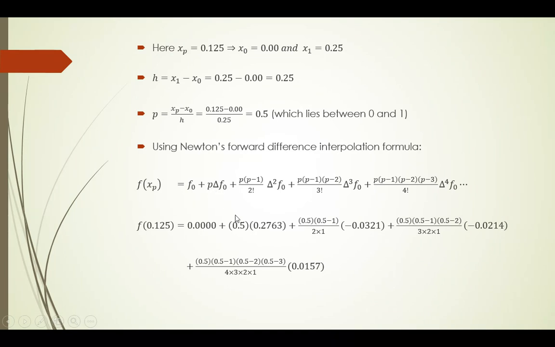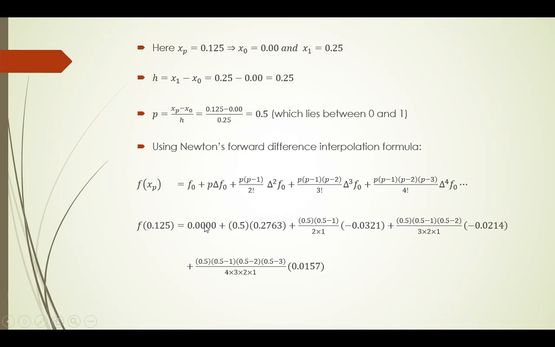The value of p is 0.5. This is the value of p. The value of delta f naught is from the table this, that is p, so p is here. Then p minus 1, so this is p minus 1. 2 factorial is 2 into 1, and delta square f naught from the table is minus 0.0321. And secondly, from here p into p minus 1, p minus 2, so p into p minus 1, p minus 2 by 3 factorial. 3 factorial is 3 into 2 into 1, and delta cube f naught is from the table there. Then these values right here, and delta 4 f naught from the table is there.